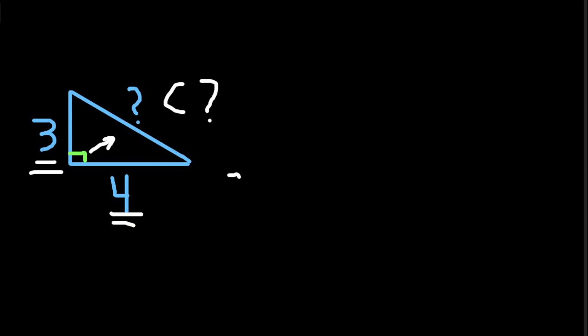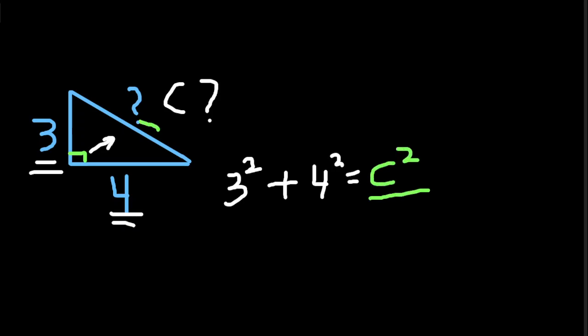It's just going to be 3 squared, because A squared plus B squared, plus 4 squared, is equal to C squared, which is what we're trying to find. We want to find this third side, the hypotenuse.